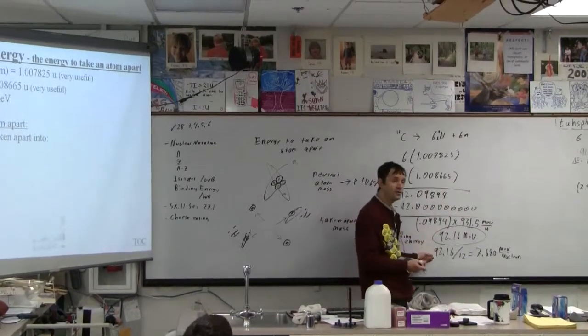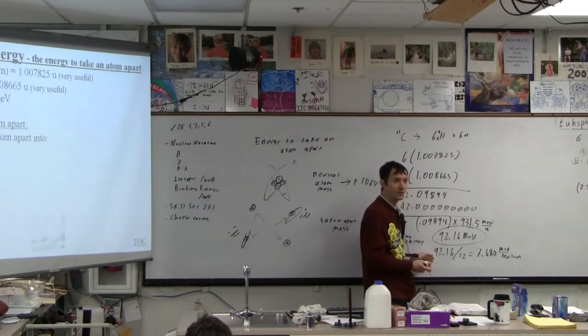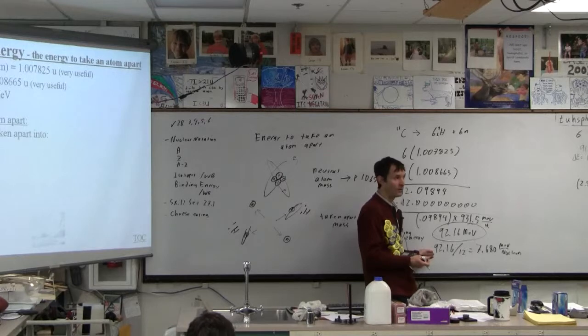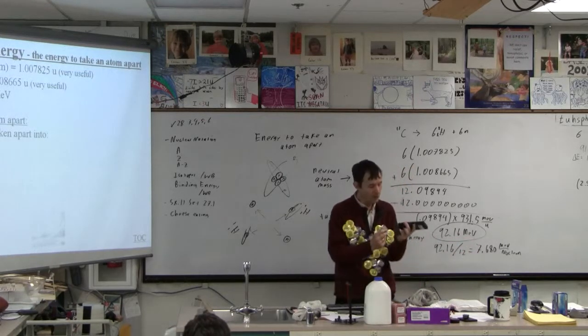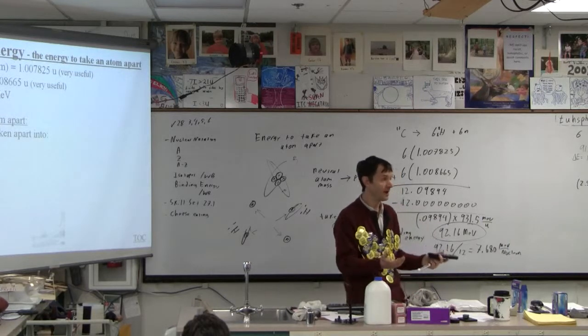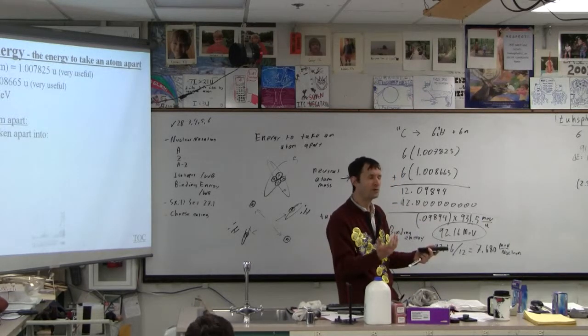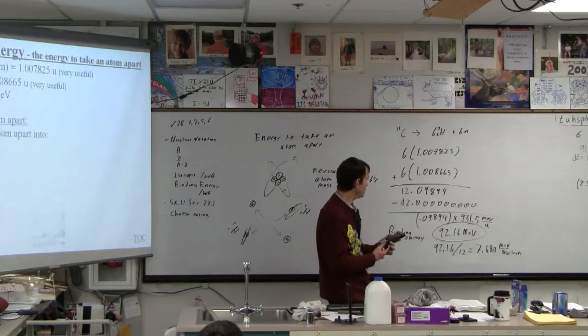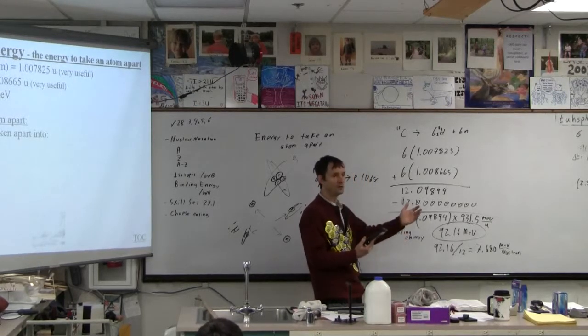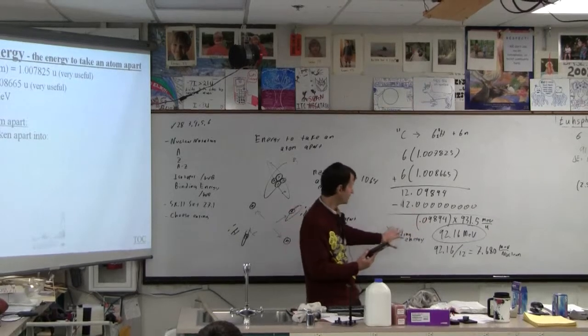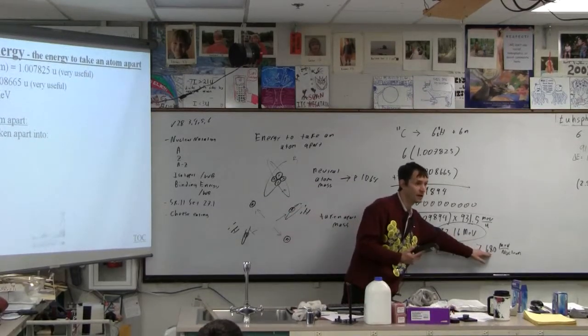If they say per nucleon, then they want you to divide by the atomic mass number, which in this case is 12. The reason you do per nucleon is that very large atoms like uranium are tightly bound, but they have a huge amount of binding energy just because they have a huge number of nucleons. So to compare the stability of carbon to the stability of uranium-235, you have to talk about it per nucleon.